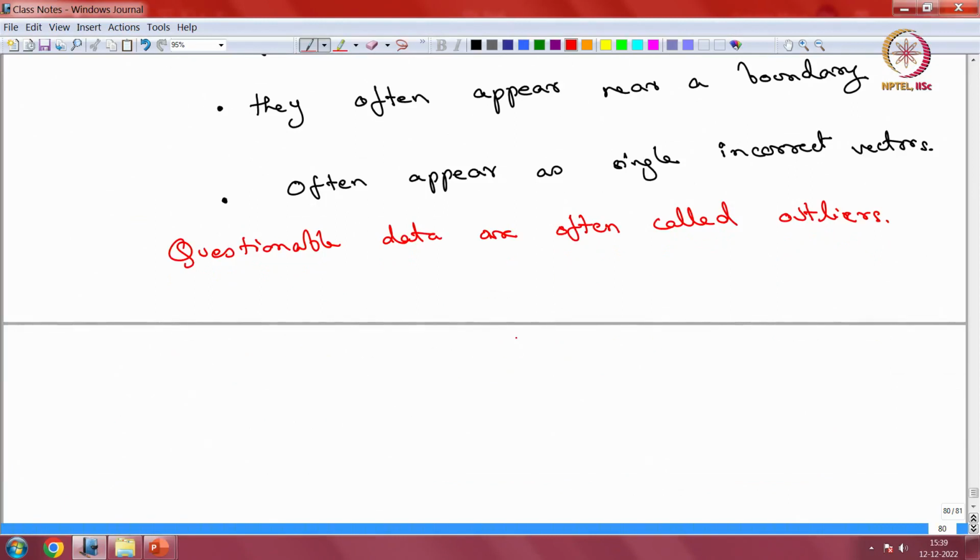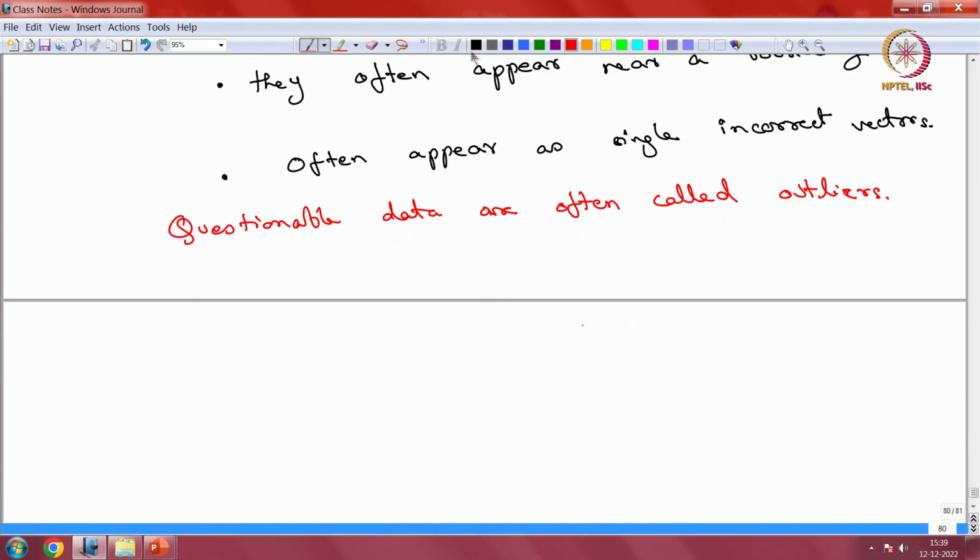So you need techniques for that. There are many different methods which can detect outliers. I'll just discuss a couple of them. One of them is called the global histogram operator.